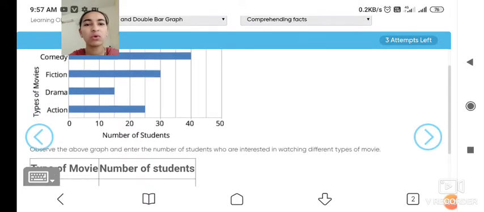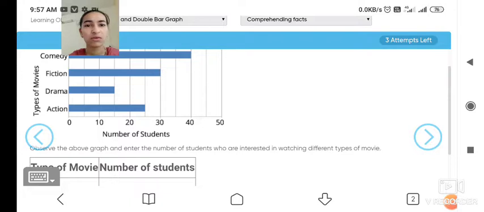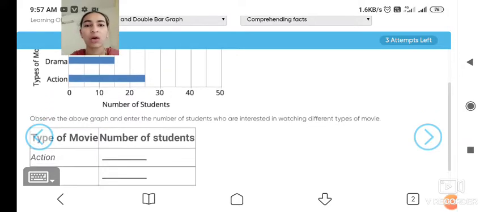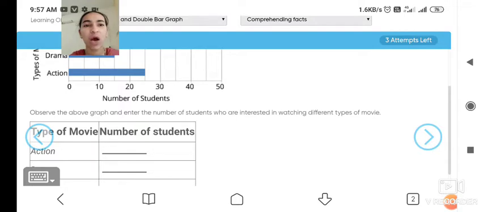So we have to observe the above graph and enter the number of students who are interested in watching different types of movies. Now, action movie. How many students like action? You can see the last one is action and it indicates 25.